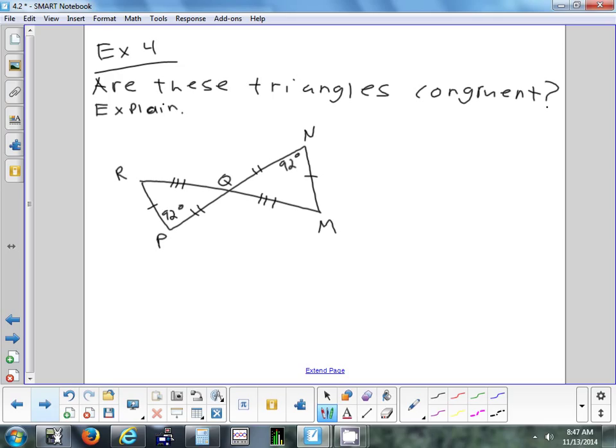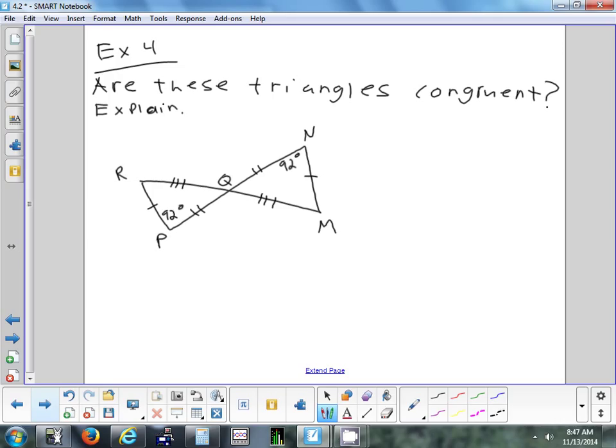Yep, we definitely have to show that all their angles are the same. And what's the other thing we have to show, Brian? All the sides are the same. At least that's how we're doing it right now. We'll talk more about that in a minute. Right now we're showing all the sides are the same and that all the angles are the same. So let's see if these triangles are congruent.